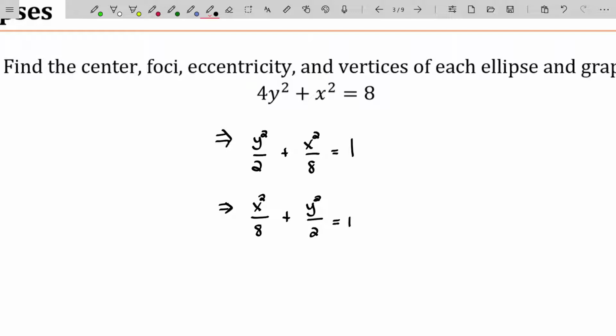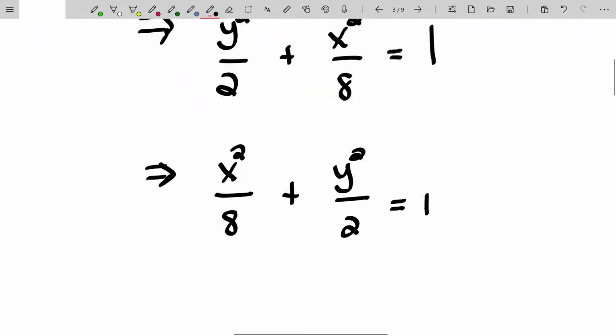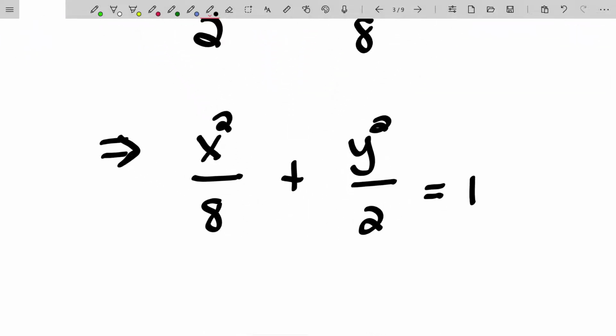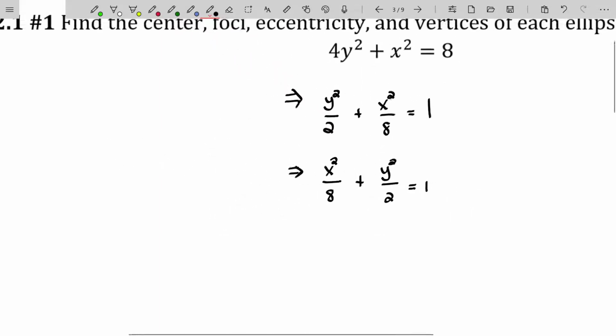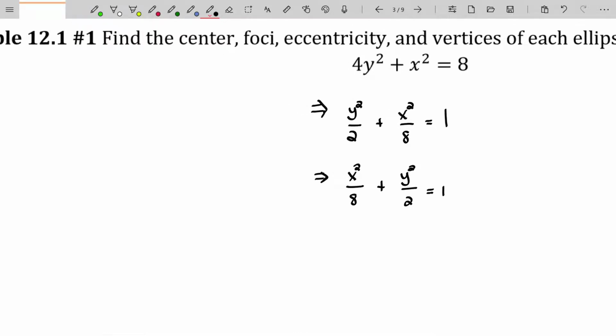You should note, since there is no shift going on in x and y, our center is at 0, 0. In other words, remember the standard form for the equation of an ellipse is x minus h quantity squared over the vertex distance for x squared, plus y minus k squared over the distance from the center to the vertex in the y direction squared is equal to 1.